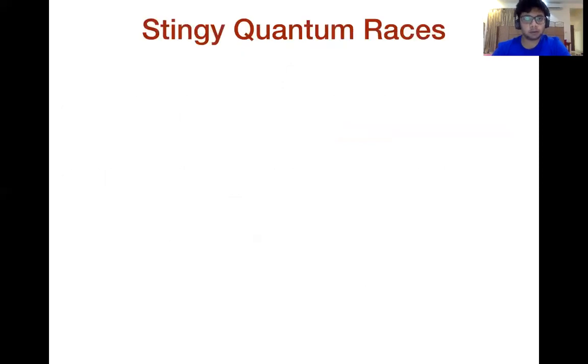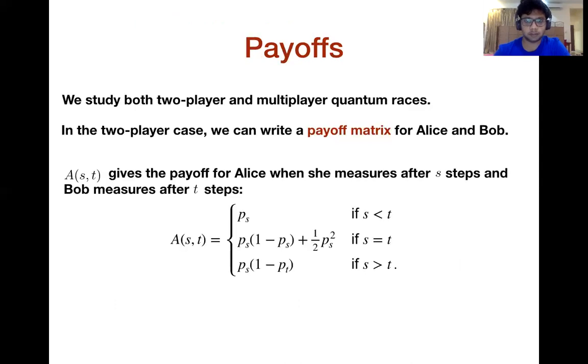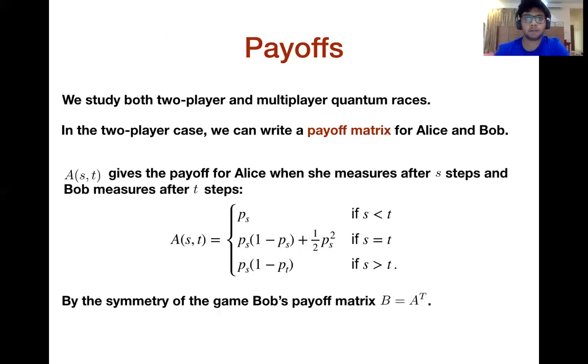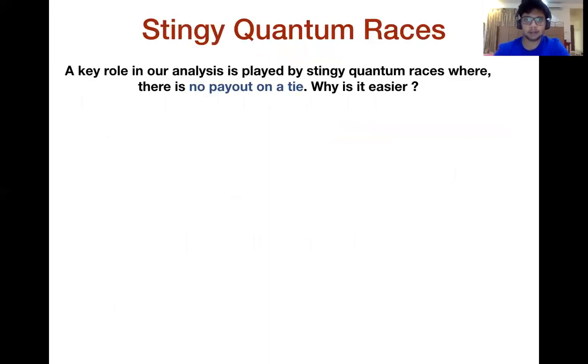So in order to analyze, we study this variant of our game called the Stingy Quantum Race. The only difference here is that in case of ties, nobody actually wins. So for example, in this case, the second term is 0 in our stingy quantum races. Why do we study that?